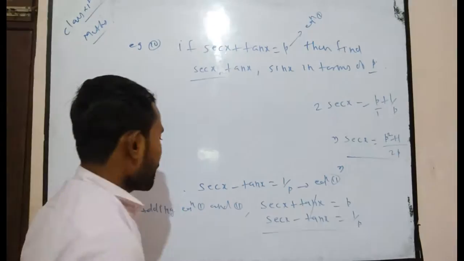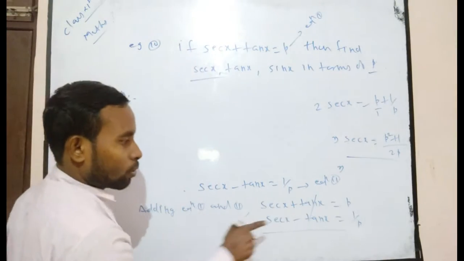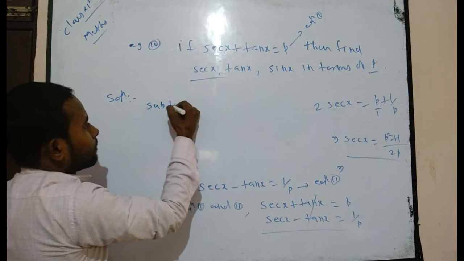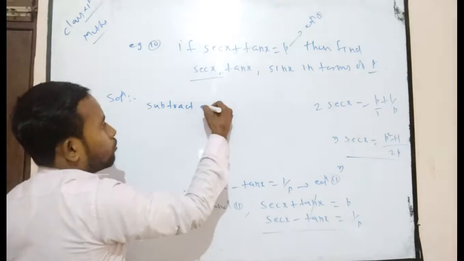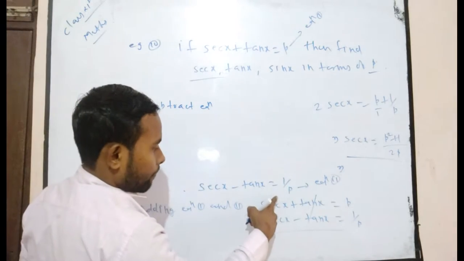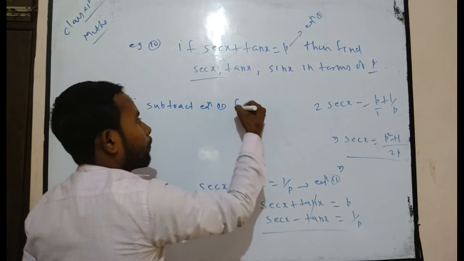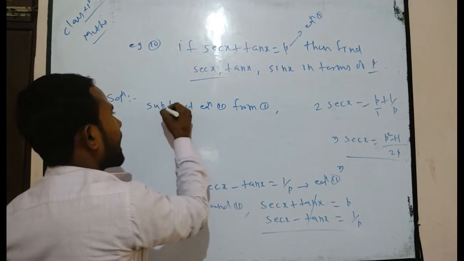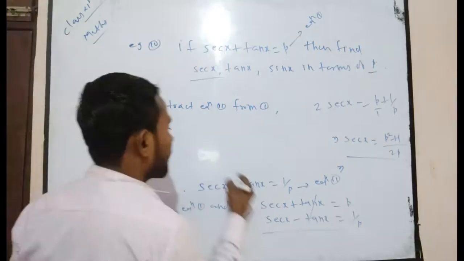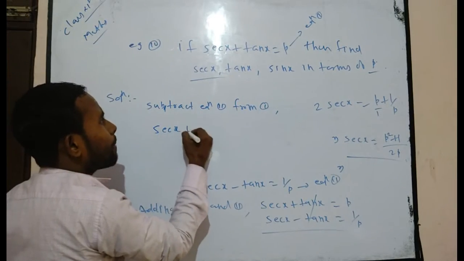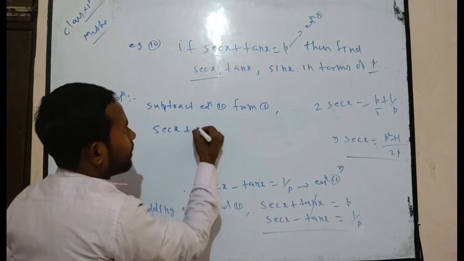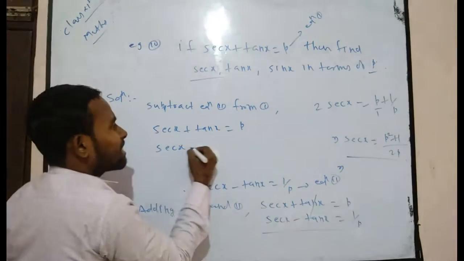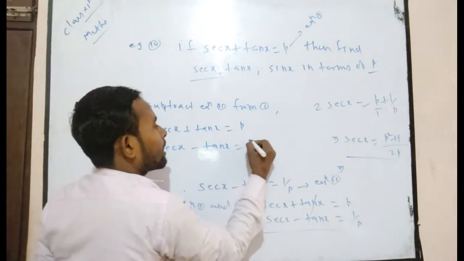Similarly, if I subtract, from the first equation you will get sec x plus tan x, that will be p, and sec x minus tan x, which is already given as 1 upon p.